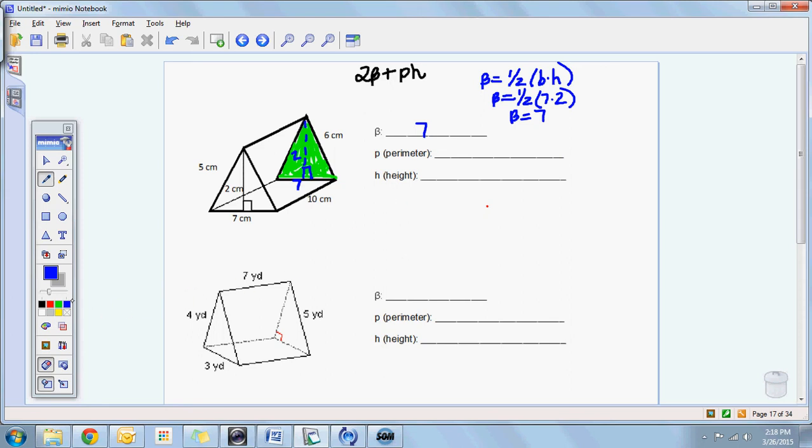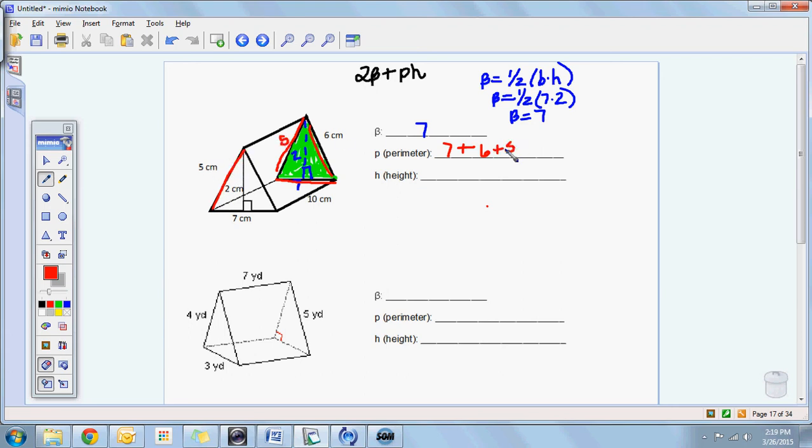Now I'm going to look for the perimeter of that triangle, so the distance around. So I know that this side is 7, plus this side is 6, plus, I don't have this side, so I'm going to look up at my other shape. It's the same as this side, which is 5.